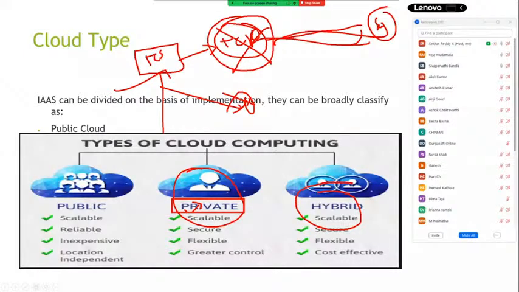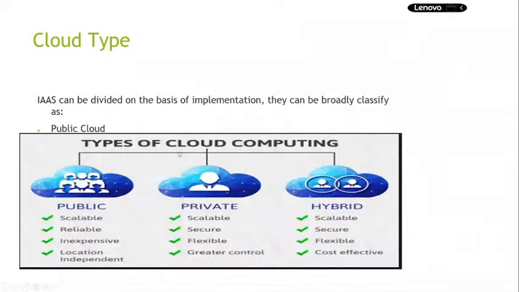Here also, a few applications are running in public and some applications are running in private. If we establish a connection between these two and access everything, we call it hybrid. But hybrid is costly, though more flexible and secure as well. It is high cost. I will let you know how to set up the tunnel later.